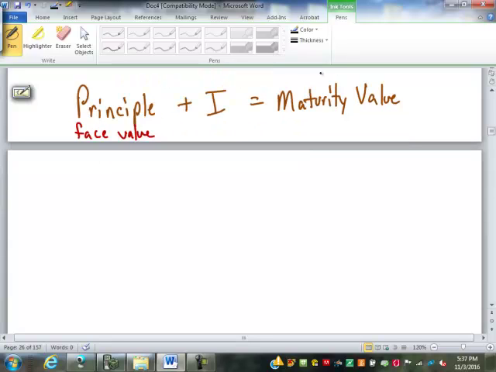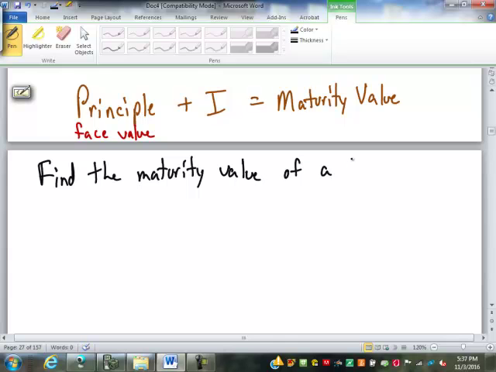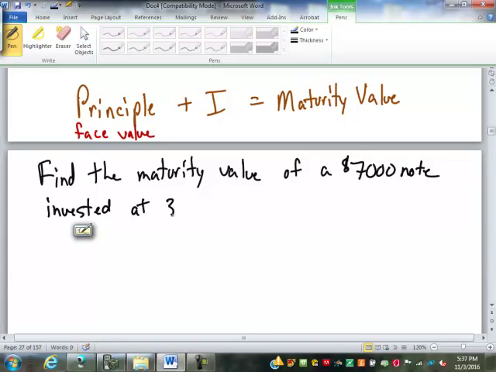So let's say I want to find the maturity value of a, it's the same numbers, $7,000 note invested at 3% for 5 years. So this is a two-step process. We do have to start out just like we did before, finding the interest.